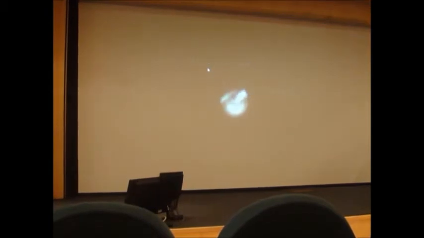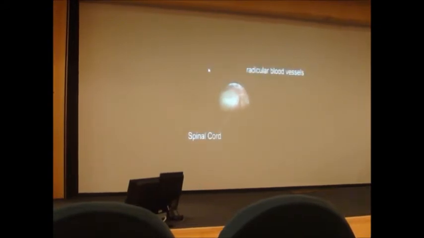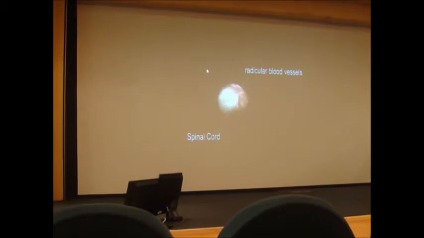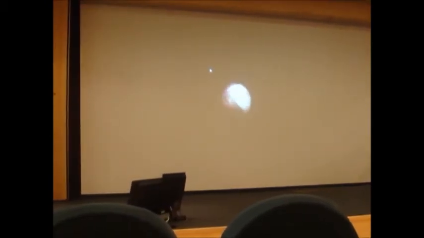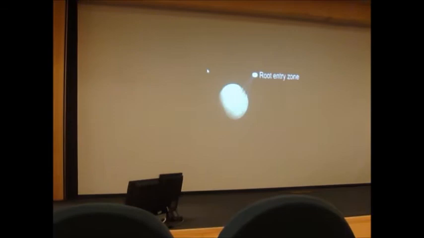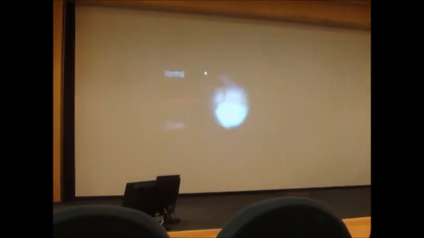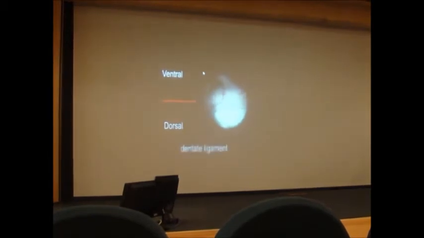We can also see the pial surface of the spinal cord, the radicular blood vessels of the spinal cord, and the root entry zones, both ventral and dorsal. With these landmarks, we avoid the risk of making mistakes with the spinal cord.